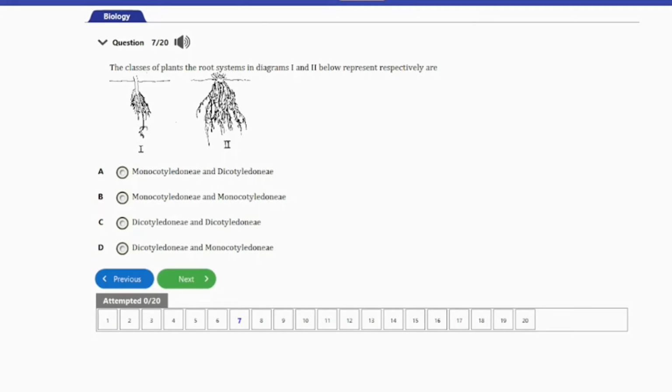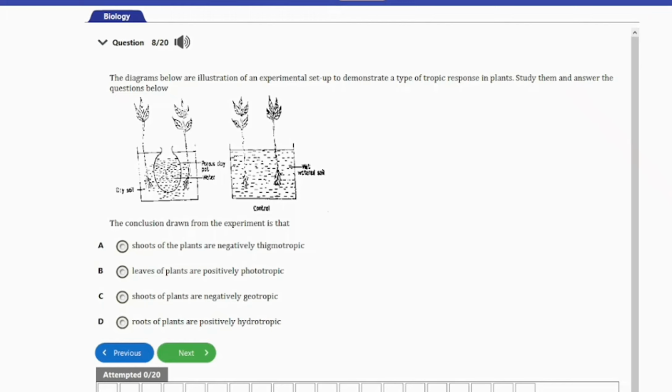Let's go ahead and consider the next question, guys. So the question here says, the diagrams below are illustration of an experimental setup to demonstrate a type of tropic response in plants. Study them and answer the question below. So the question here says, the conclusion drawn from the experiment is that A. Shoots of the plants are negatively thigmotropic.